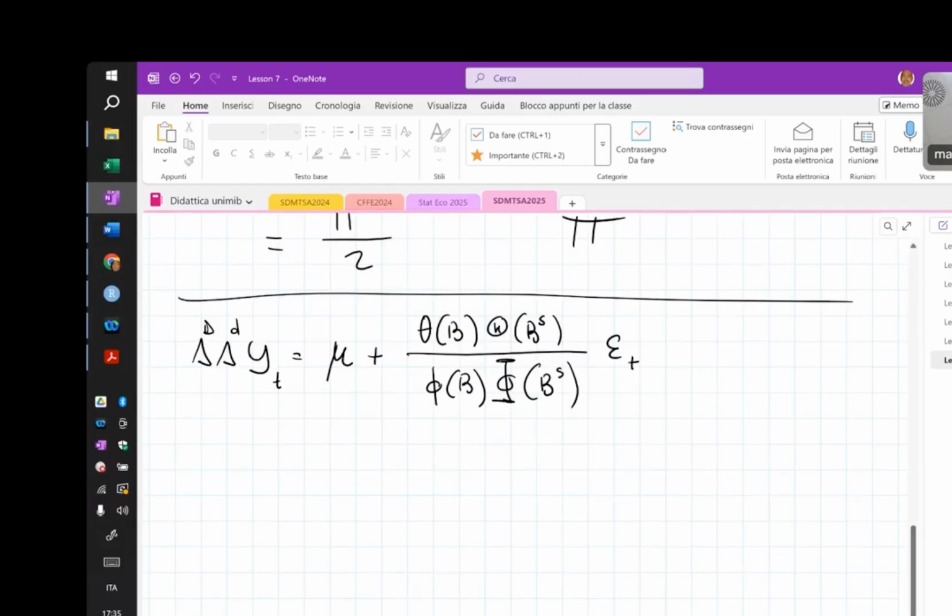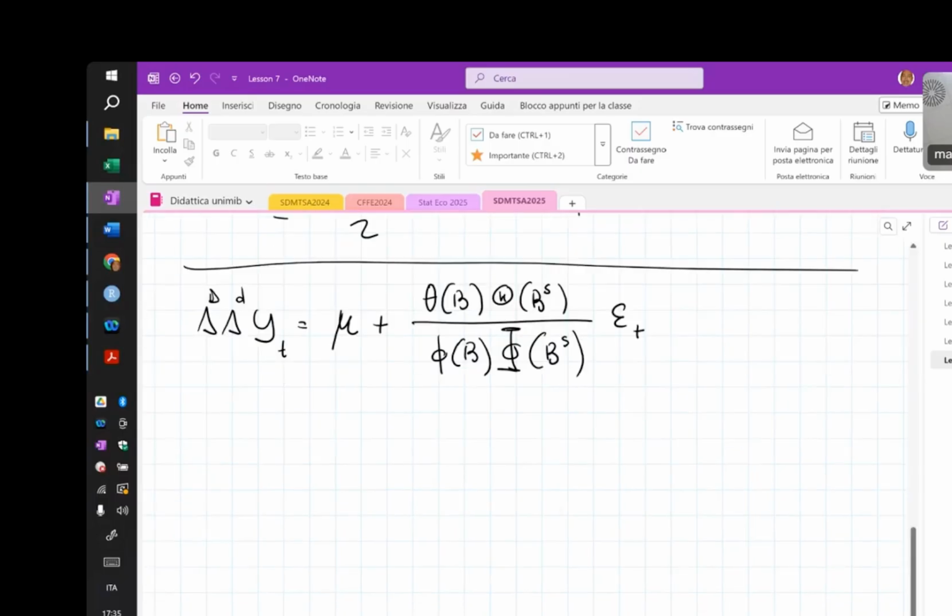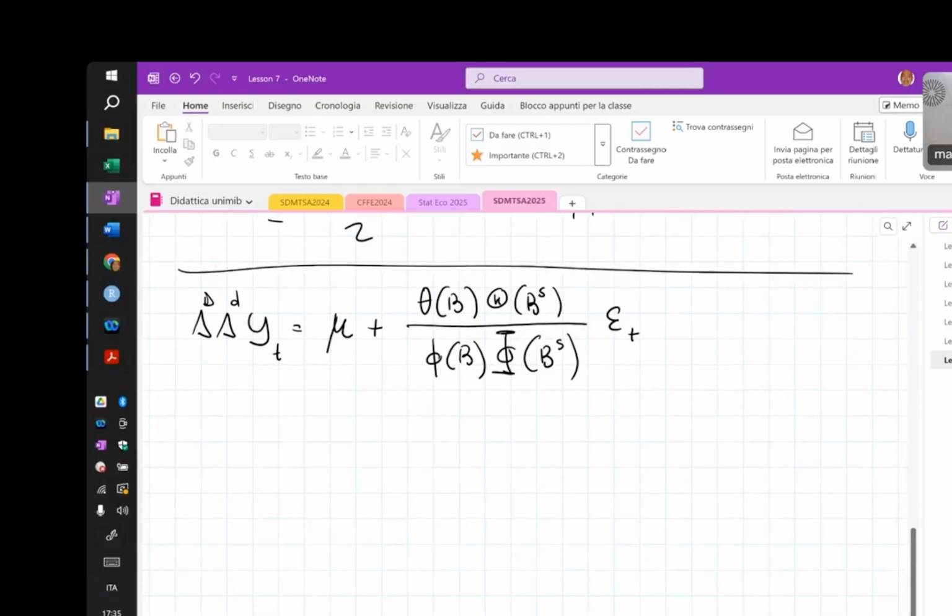How do I solve the problem of regressors? Well, I could write this in a slightly different way. Suppose I don't have the differences. I could put the regressors here. So this is like a vector of variables, and this is a vector of coefficients. And then just have the ARMA process.